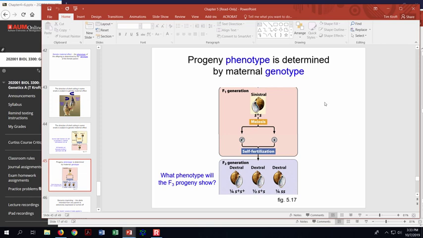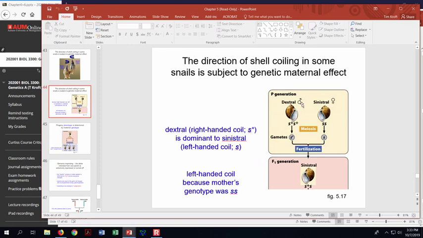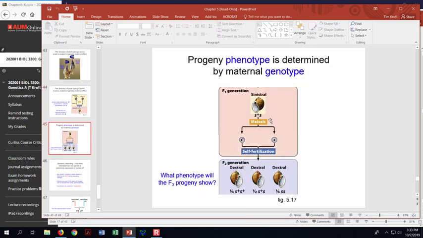And then in the F2, the genotype of the mother, S plus S, determines the phenotype of the offspring. These are all dextral, even though she is sinistral. She is sinistral because her mother was SS. Her progeny are all dextral because her genotype is S plus S. It's the genotype of the mother.